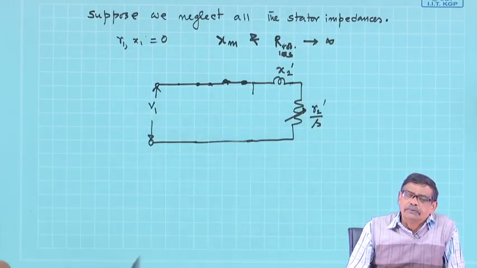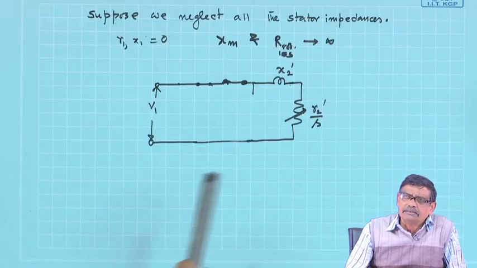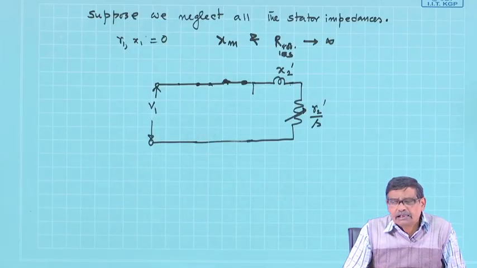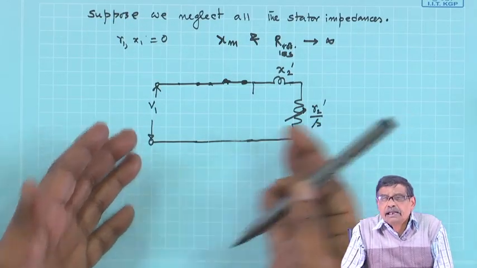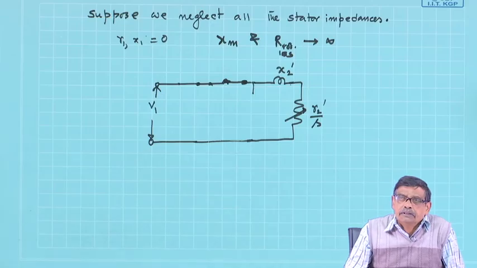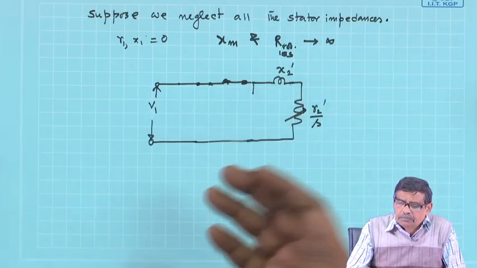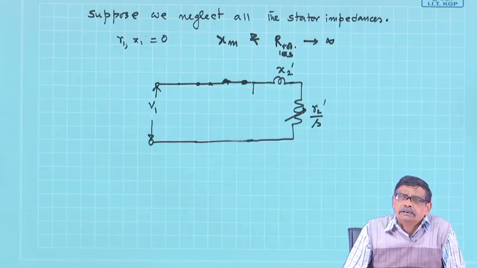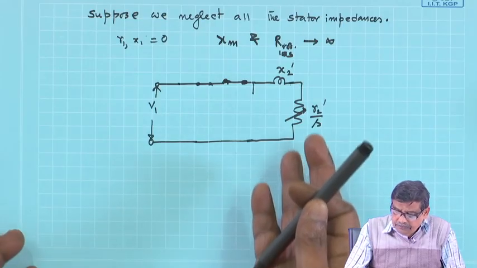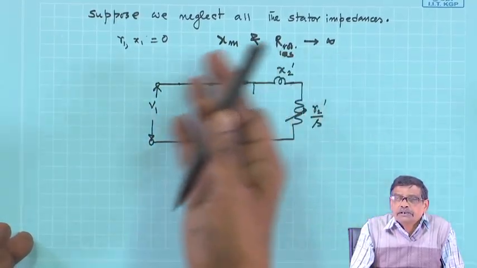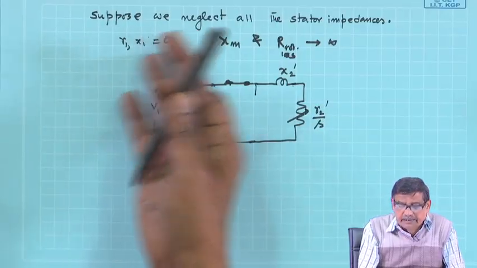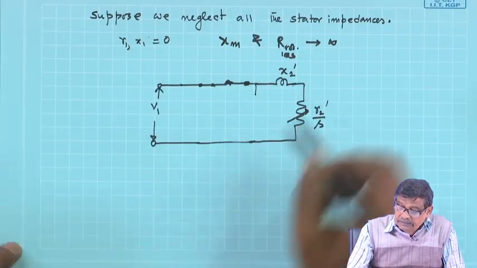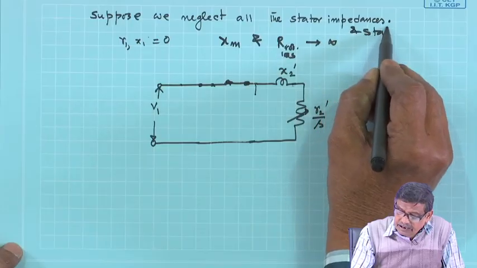For example, one way I can do it, I have already found out R Thevenin's, V Thevenin's and the expression of the torque, etc. I will once again bring out those expressions, there I will put R1, X1 0, X m if it is there in that expression, infinitely large, and I can get the expression for this so called equivalent circuit whose stator impedance and stator losses I have neglected.